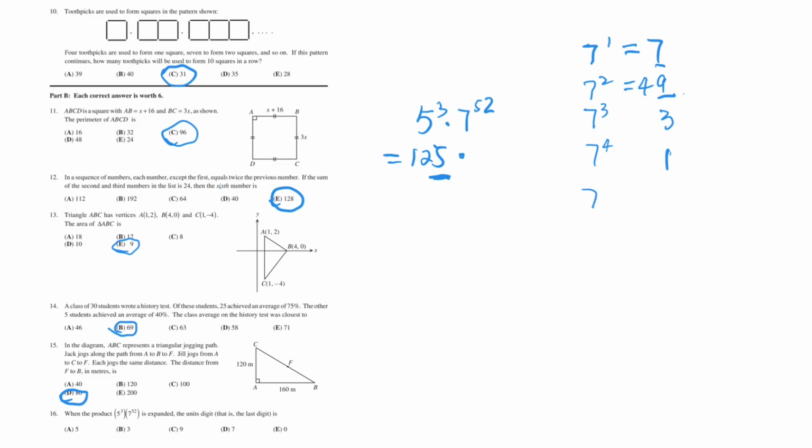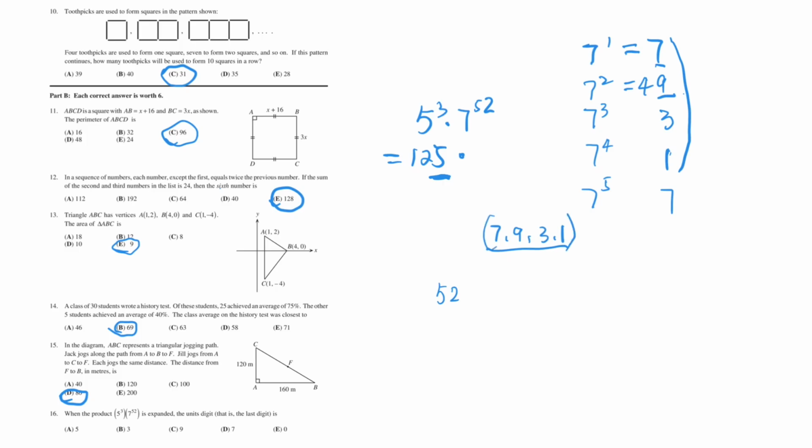And 7 to the power 5 is 7 again. Every four powers the digits repeat. That means the powers of 7 repeat as 7, 9, 3, 1. So now we have 7 to the power 52.